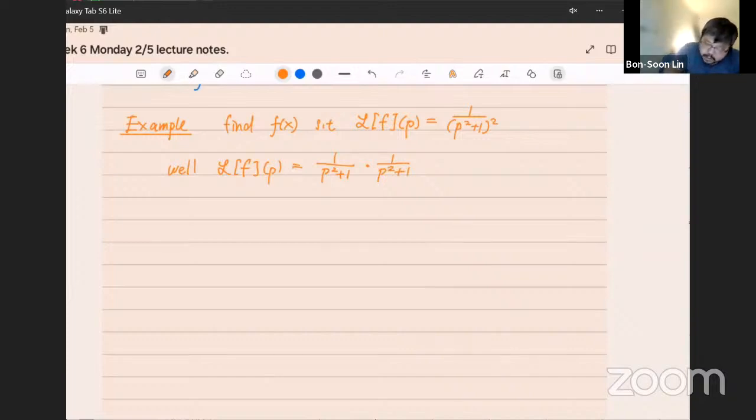And 1 over p squared plus 1 comes from the transform of what? It comes from the transform of sine of x again, and both of them are like that, right? So we know that this is, by convolution theorem, the transform of sine star sine.